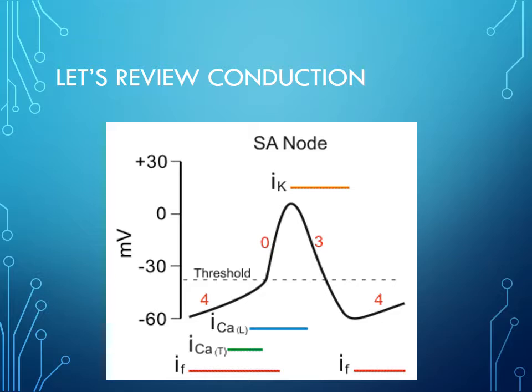What else could we do? We could have this come much farther down. We could hyperpolarize the cell and have it go to a lower resting membrane potential, meaning it's going to take longer to get there as well.